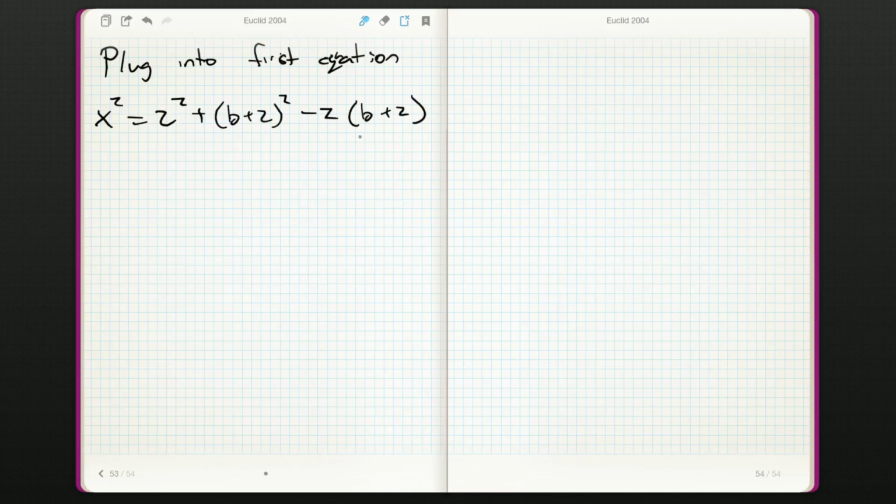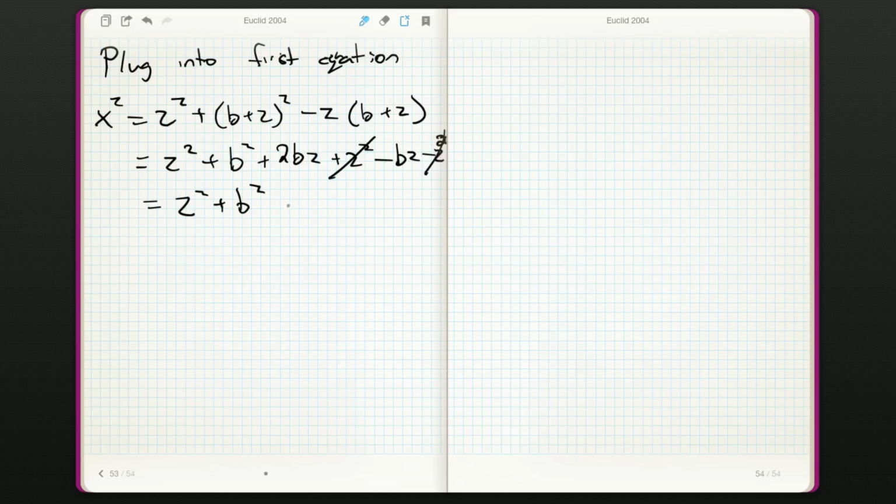I'm going to get some z squareds here. z squared plus b squared plus 2bz plus z squared minus bz, no, minus another z squared. Okay, cancels out. Get a z squared, a b squared, and then a plus bz. But I already knew this.